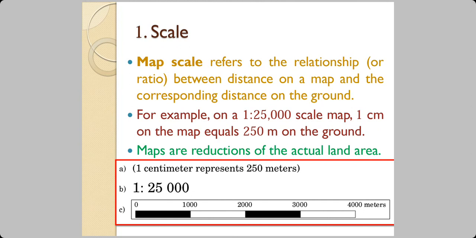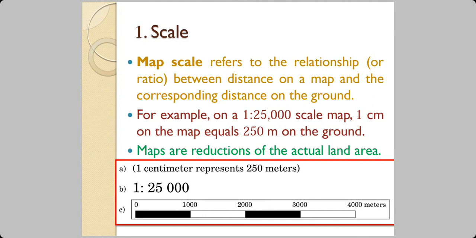Now, first of all, essential to map making is the scale. Essentially, a map is the reduction or a smaller copy of the land it is representing. So if you have to make a map of the school campus, and if the ratio has to be 1:1, then you will require a sheet of paper which is as big as the size of the school campus.